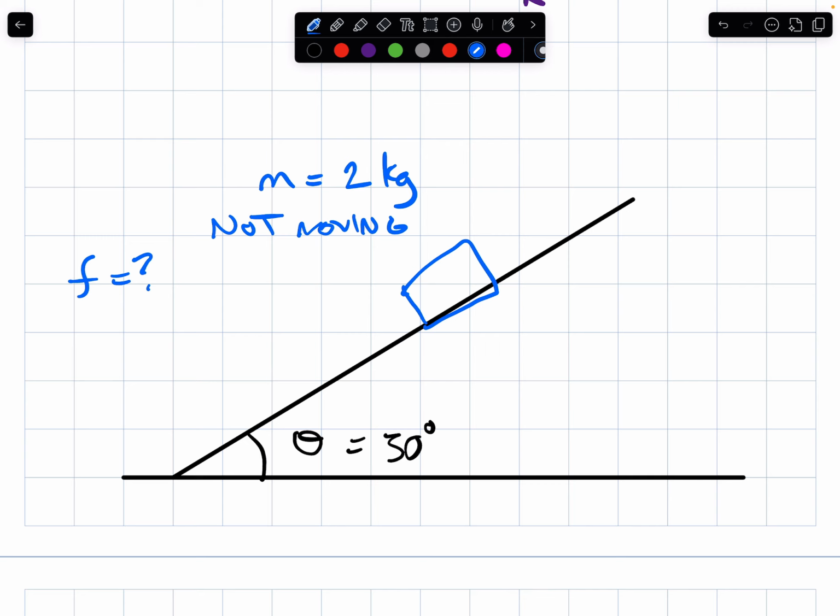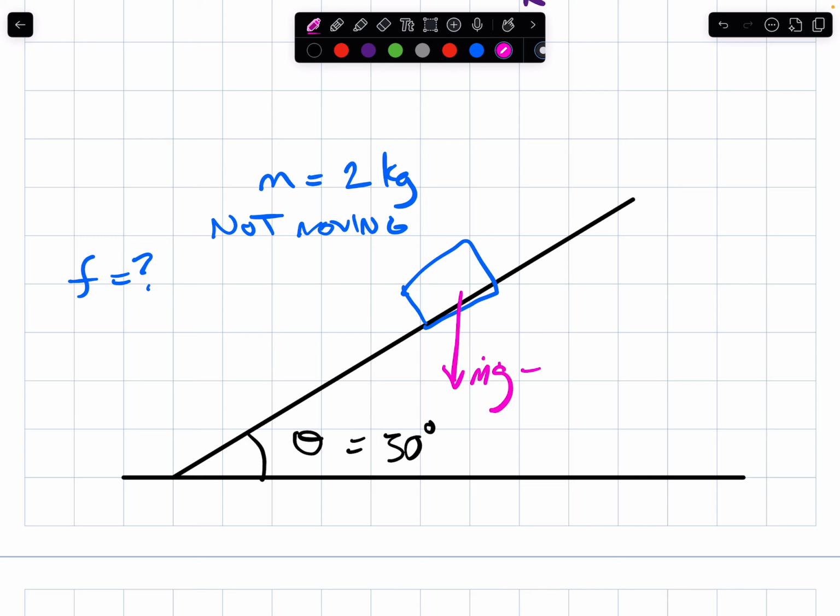So we'll start this off by making a free body diagram of this box. So for sure, gravity is acting on the box. That's equal to mg, and it points straight down. In this case, we can say it's 20 newtons. M is 2, and the value of little g is 10.